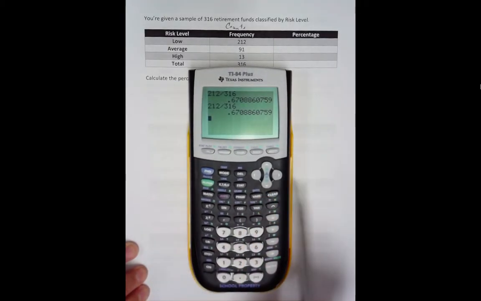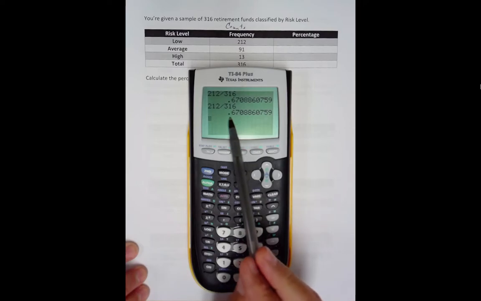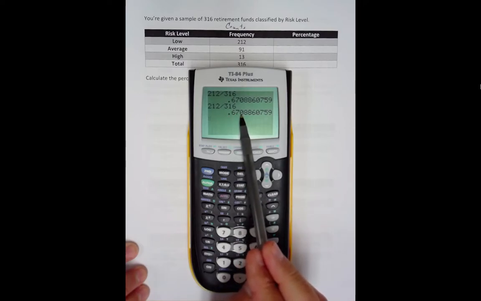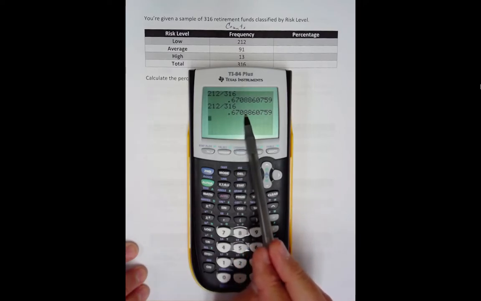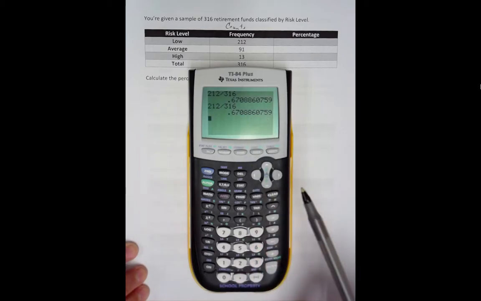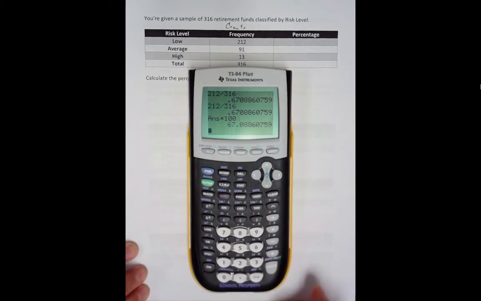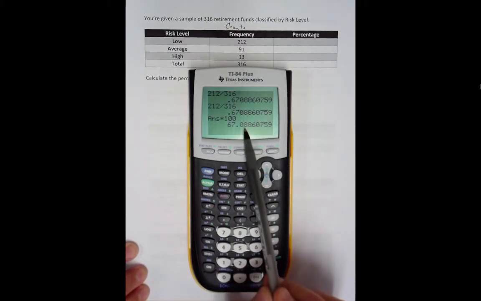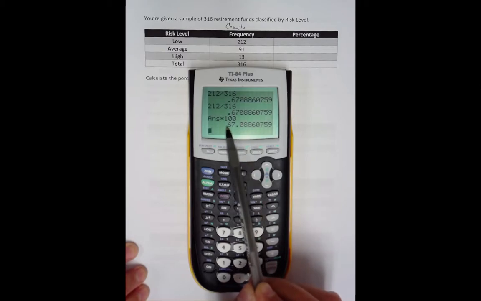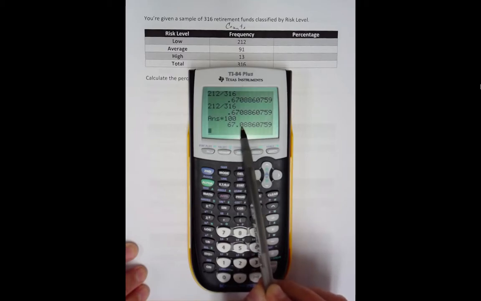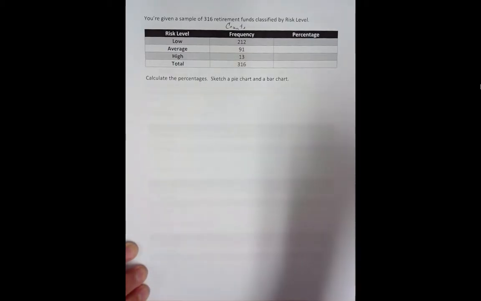You can see that 212 divided by 316 is 0.67088886, and so on and so forth. Typically we'll report that as a percentage, which means multiply by 100. It is customary to present percentages to the tenth of a percent, so this would be reported as 67.1%.